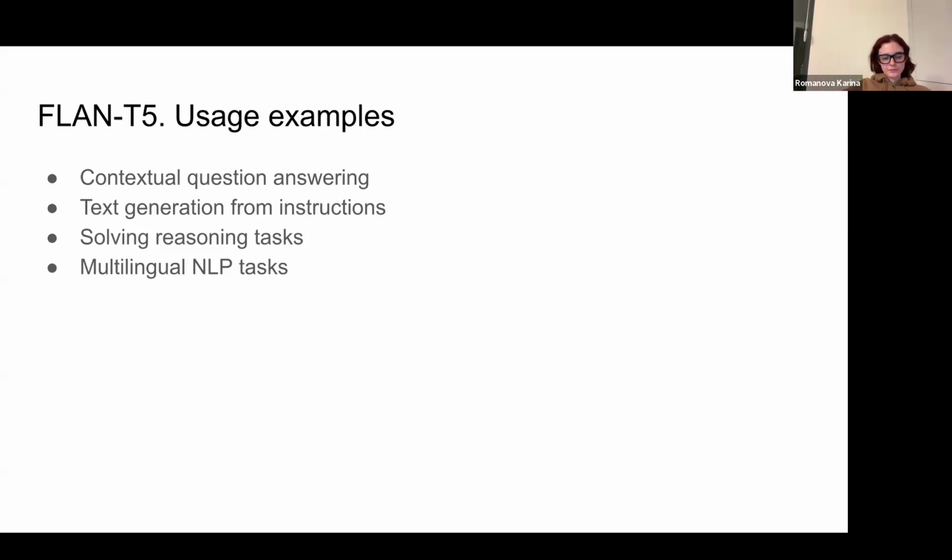Here we have usage examples of Flan-T5. It's solving reasoning tasks, multilingual NLP tasks, text generation from instructions, and question answering.